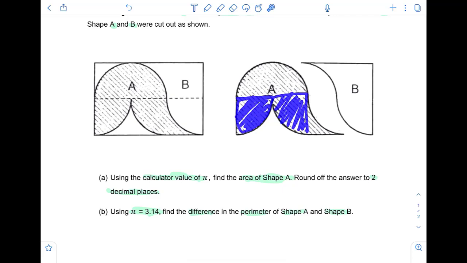Why is that so? Because when you combine a quarter circle with another quarter circle, when you join them up, you will basically get half of a circle.